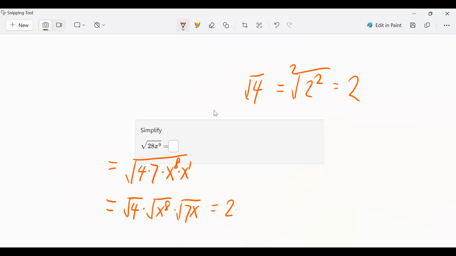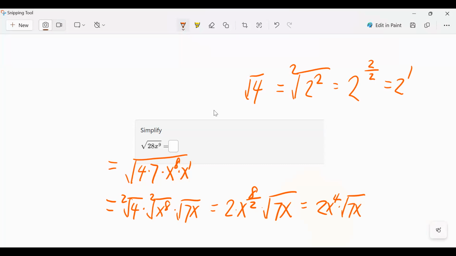Then we do 2 over 2. That becomes 2 to the first. Same thing for x to the eighth, you do 8 over 2. So this is 2 here, right? The index is 2. Then we carry over square root of 7x. So we get 2x to the fourth times square root of 7x.